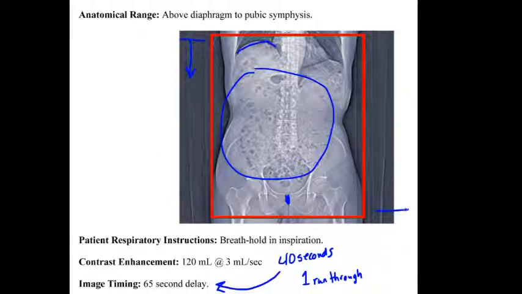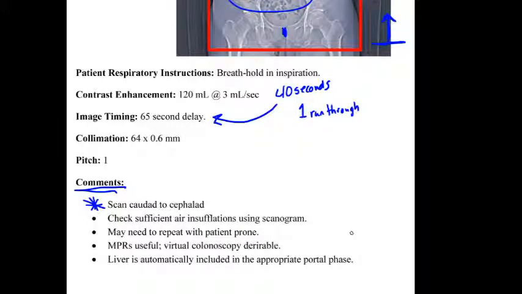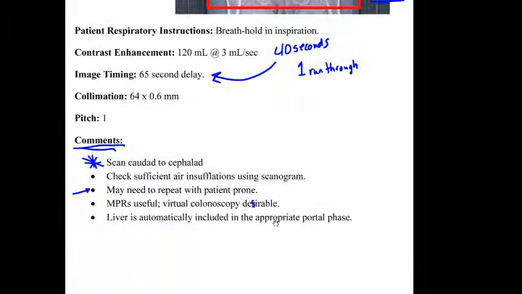However, the scanning protocols in this book, in terms of this specific exam, recommend scanning from the pubic symphysis up to the diaphragms. Also, check sufficient air insufflation using scanogram, and you might actually have to repeat with the patient prone. MPRs are useful, and virtual colonoscopy is desirable.